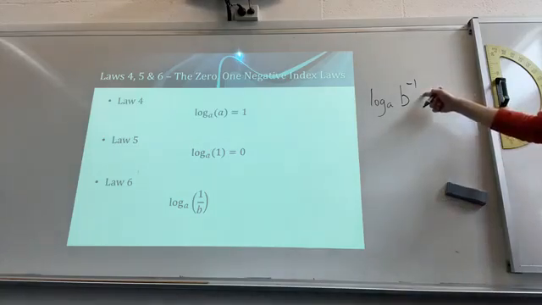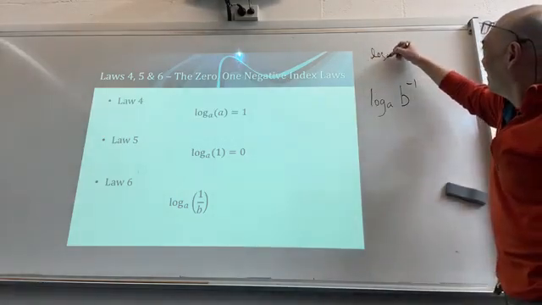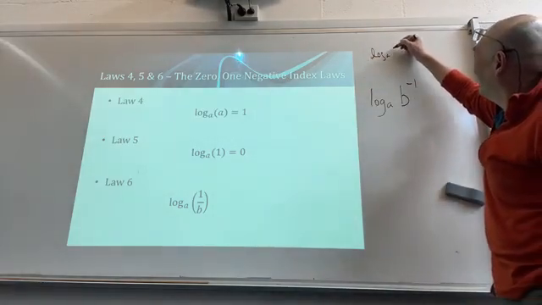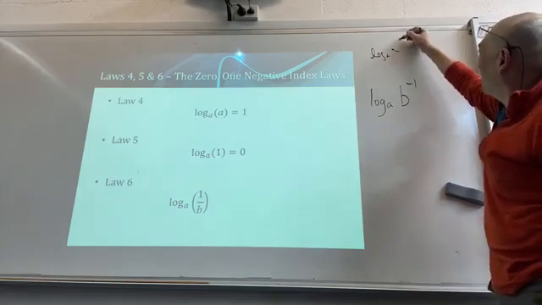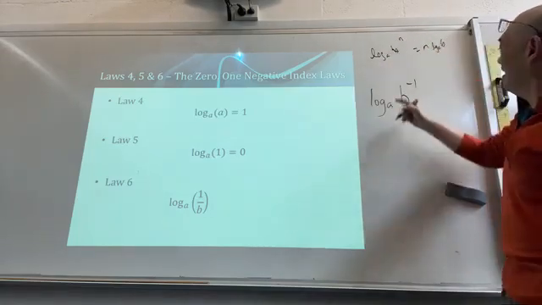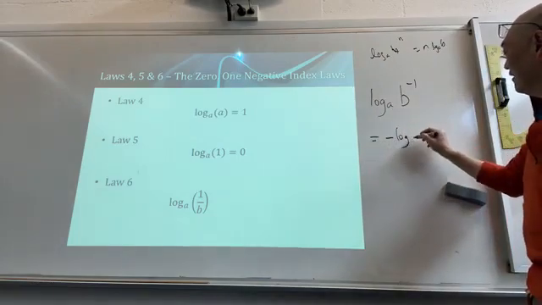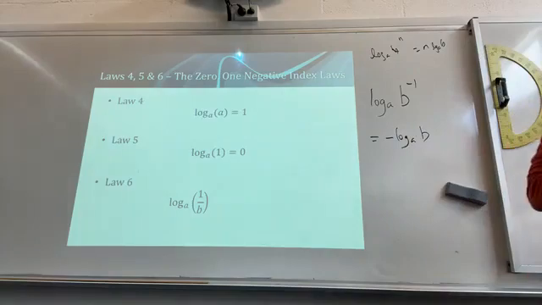So it's just whatever. Remember log A of B to the power of n is n log A of B. So therefore that becomes negative log A of B.